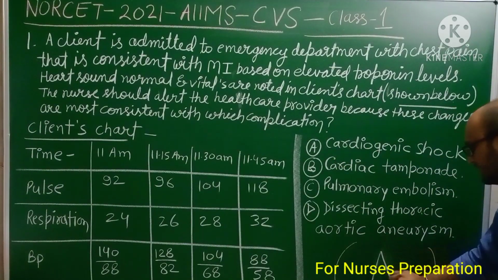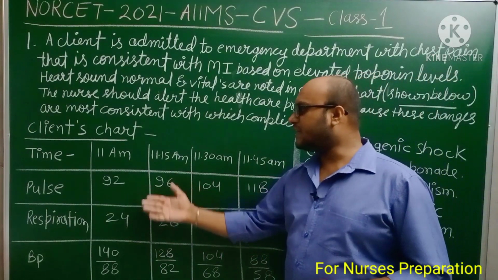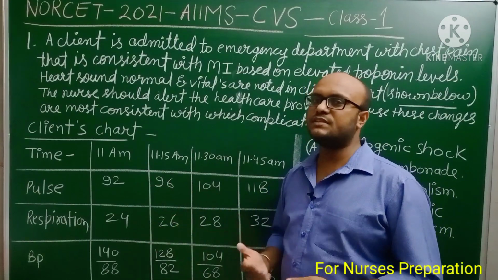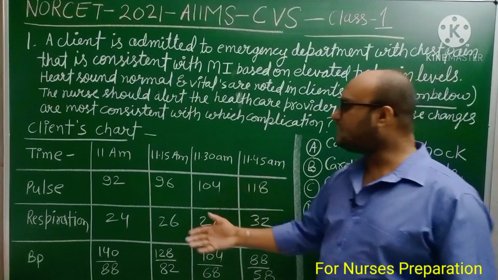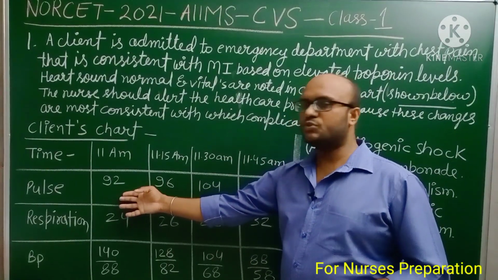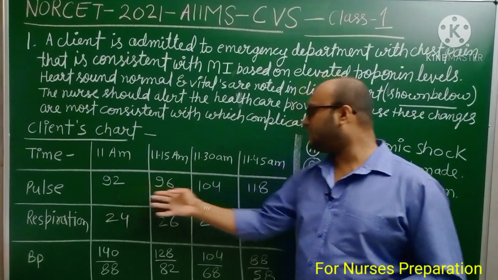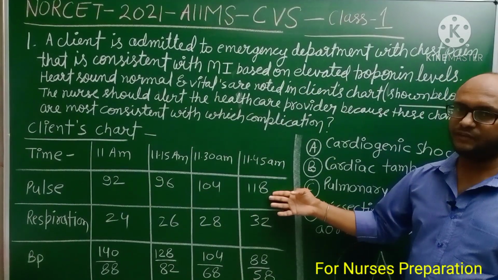The patient is developing cardiogenic shock because in cardiogenic shock, pulse rate and respiration are continuously increasing and the blood pressure is reduced. We can see in the chart that at 11 am pulse rate was 92 beats per minute and after 45 minutes it was 118.